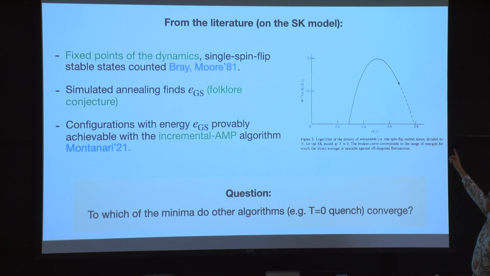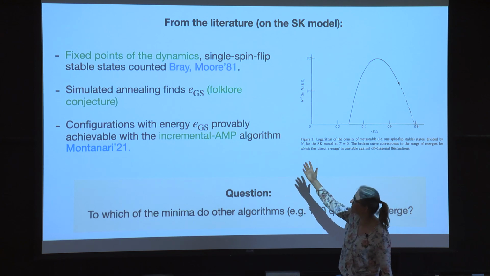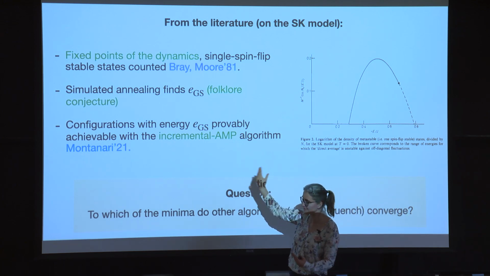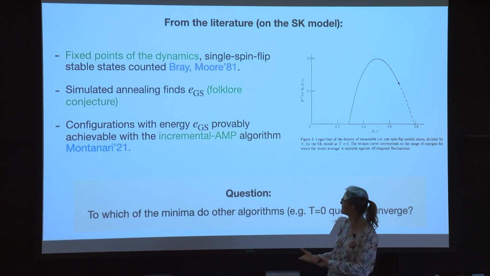And there is this full line where it is correct, and the dashed where their calculation, they say, okay, we don't know, it's probably not correct. And then we have this incremental AMP since recently that provably gets us to the ground state energy, to configurations that have the same energy as the ground state.